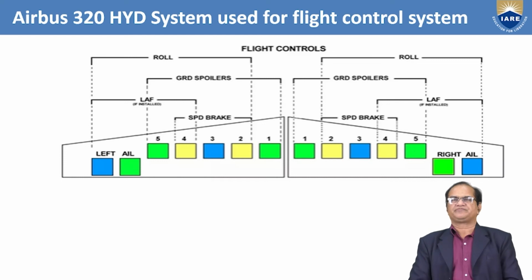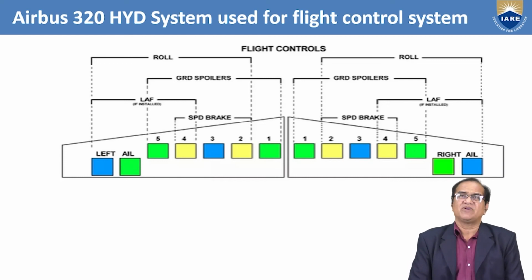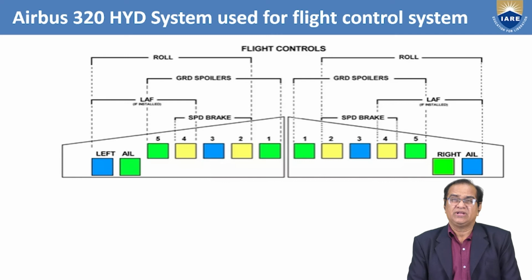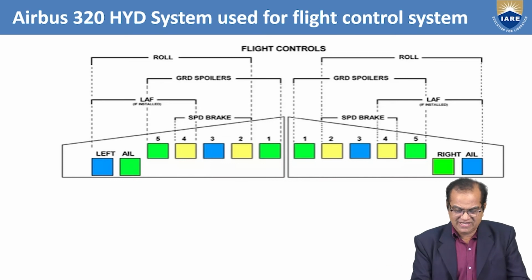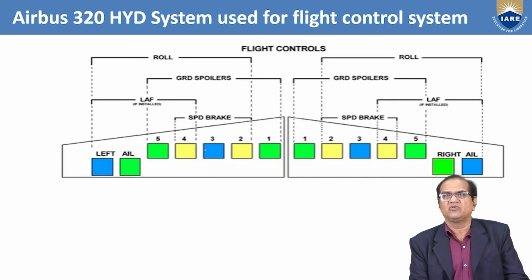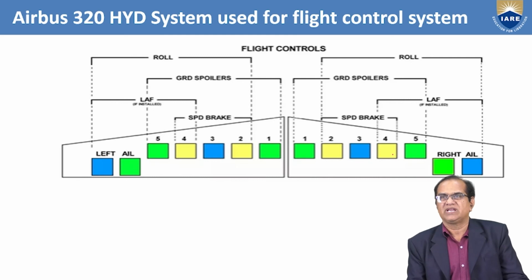Now, if I discuss the Airbus 320 hydraulic systems used for the flight control, here we can see green, yellow, blue, yellow, green, green, yellow, blue, green, yellow.